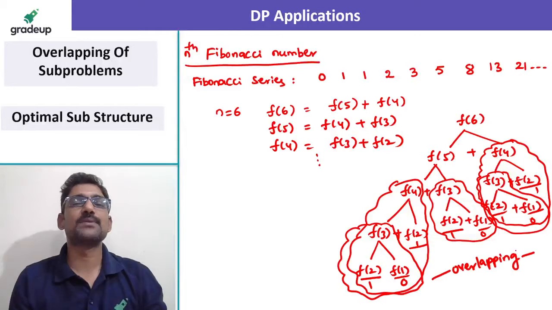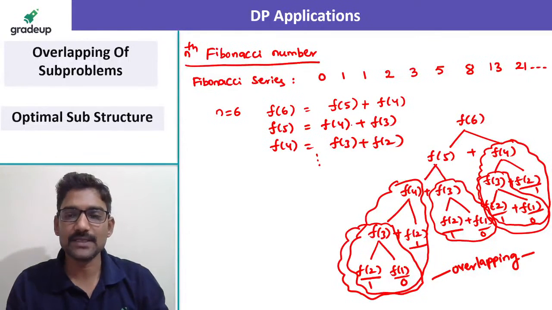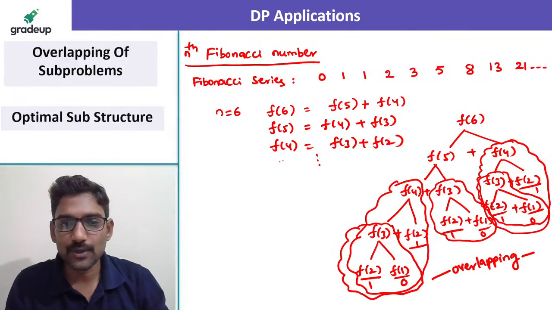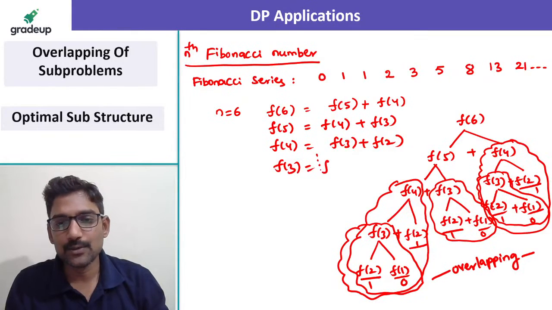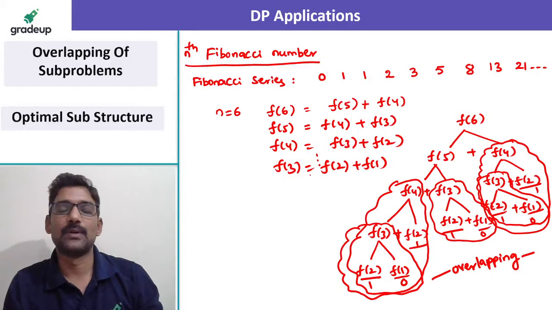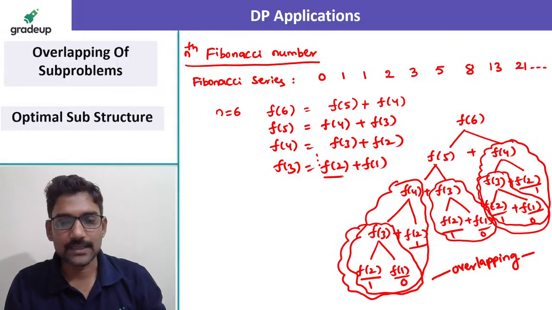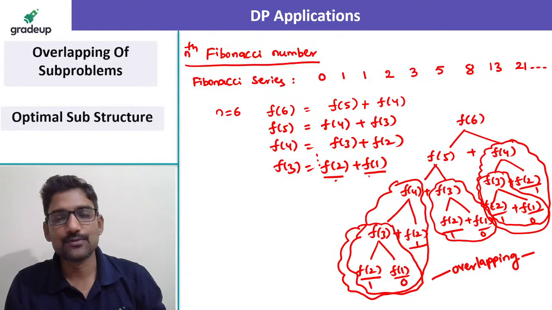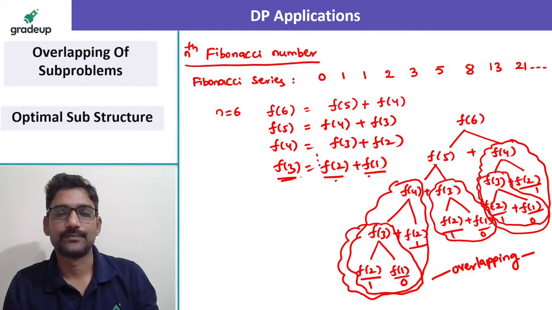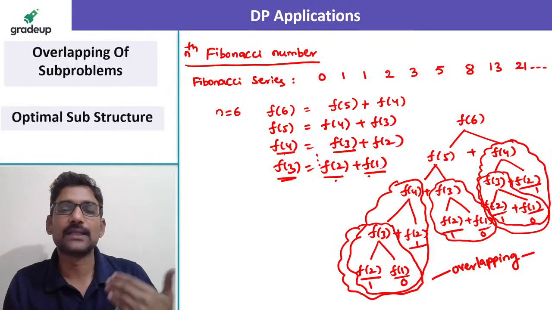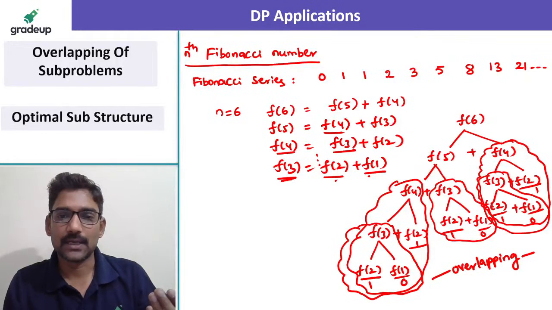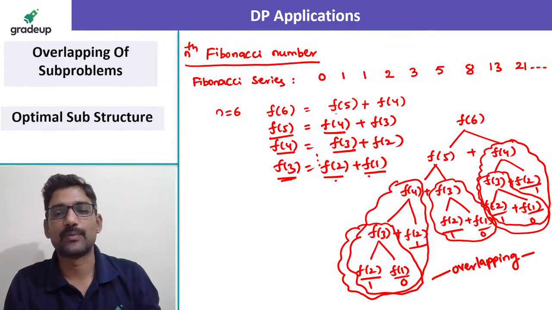And what does optimal substructure property mean? A subproblem solution is used in obtaining the main problem solution. Like this is one subproblem, this is one subproblem. These two solutions are used to get another subproblem solution, that is used in finding another subproblem solution, and that is used in finding another subproblem.